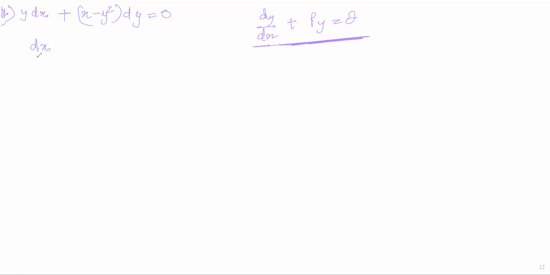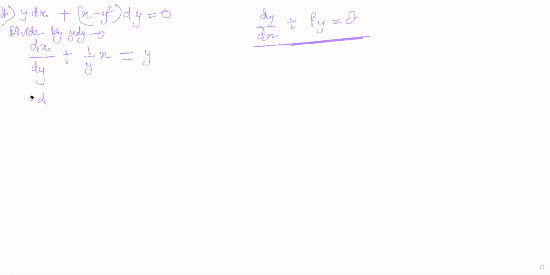So this becomes dx by dy plus, this dy gets cancelled out, 1 by y into x minus y equals 0.